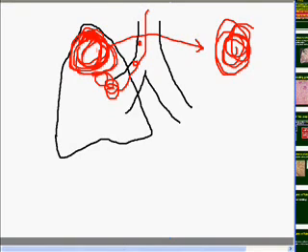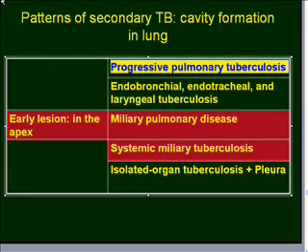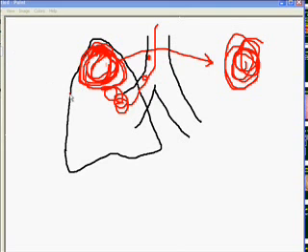What is the next thing? Sometimes this tuberculous bacilli will produce a miliary lesion, small tiny areas of tuberculosis. So once again it is important to understand the picture. This infection is now traveling within the lung and producing tiny small granulomas which are known as miliary, very small. So in the entire lung we can see this kind of miliary shadow. Miliary, always remember, means small.